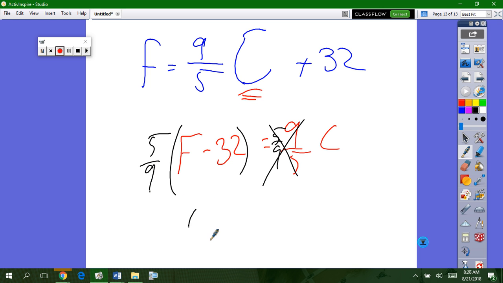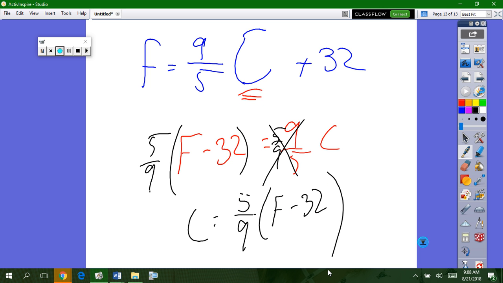So Celsius is, so they would take 99, subtract 32, times it by 5. Okay?